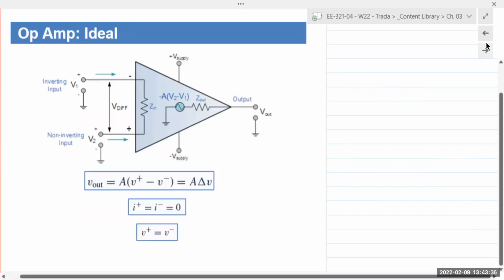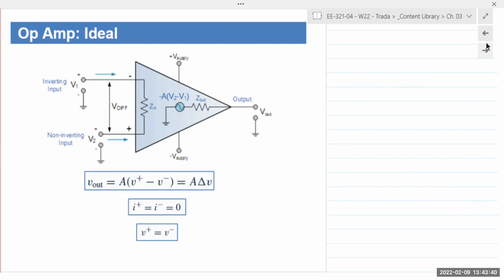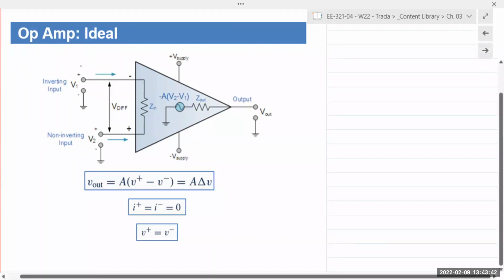Okay. Again, continuing with the ideal op-amp, a little bit of the internal circuitry. We have an inverting input terminal up here, so it's negative here, positive here.